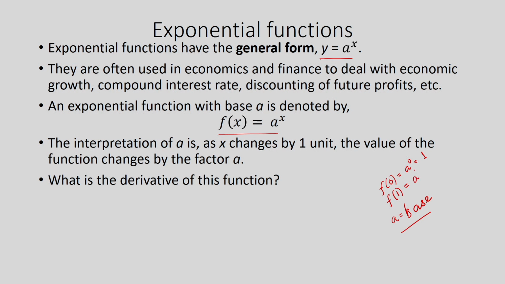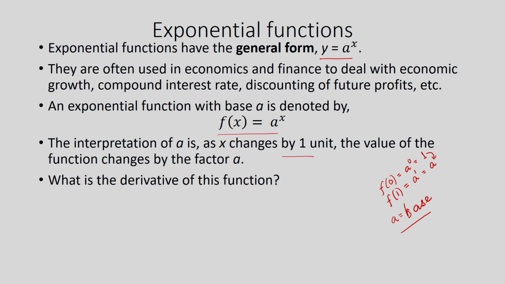So, it will be a to the power 1, which is a. So, you can see that from 1 we are going to small a, therefore, the value of the function is getting multiplied by this quantity small a. So, that is the interpretation of this small a, the base. It is the amount by which the value of the function gets multiplied when x changes by a single unit, 1 unit.